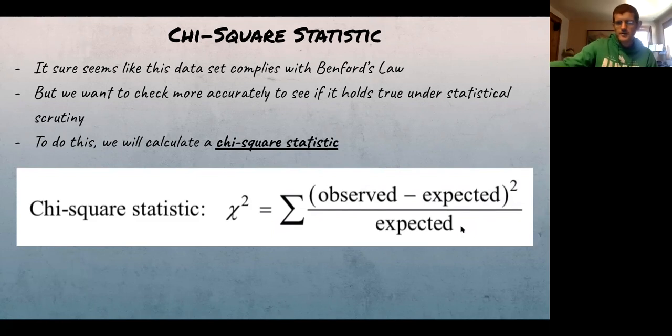Now this will hopefully look somewhat familiar, because it is very close to our standard deviation formula, which is something like the square root of the sum of x sub i minus x bar, squared, over n minus 1.